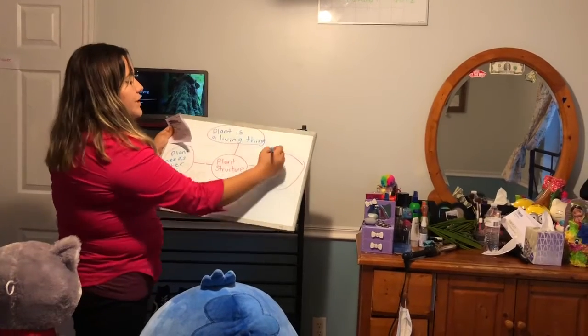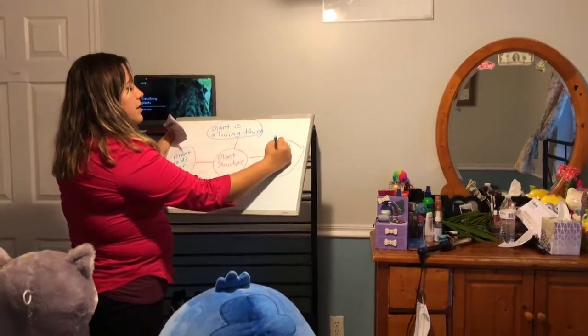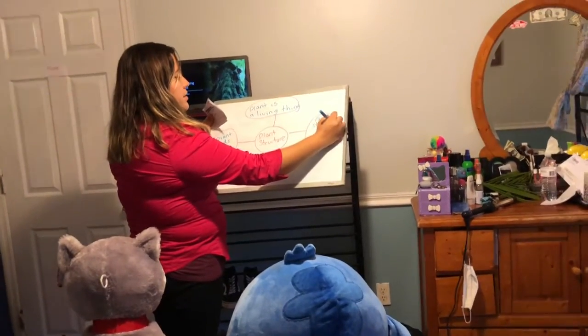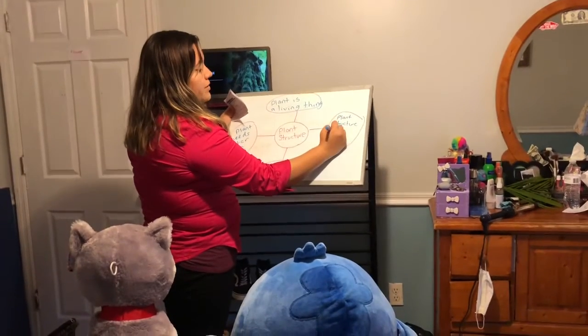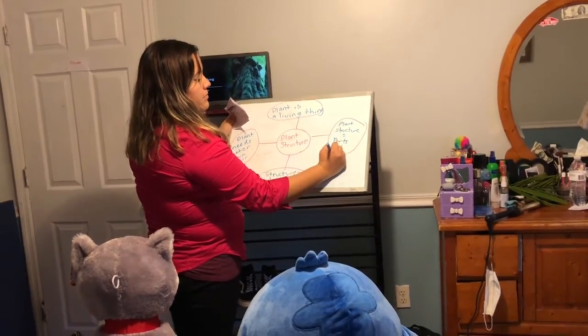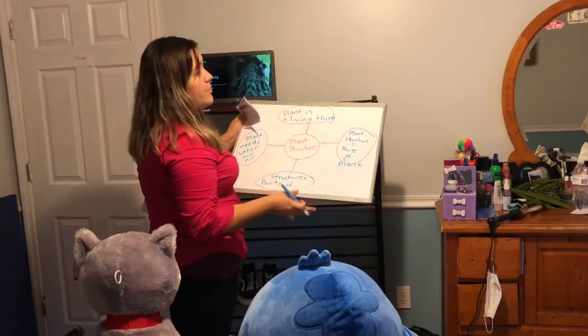Yeah, it could be a flower. So we can predict that plant structure can mean parts of a plant, right? Something that constructs, that builds an entire plant.